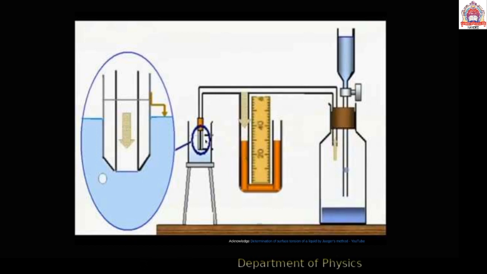The opening of this tube lies at a depth of 4 to 5 centimeter inside the liquid of which the surface tension is to be determined. This is the simple apparatus.